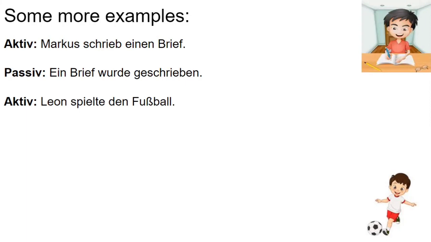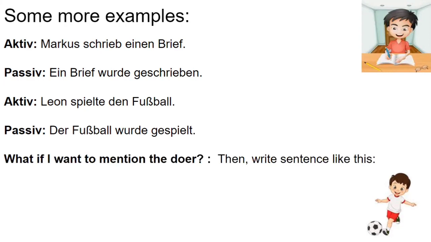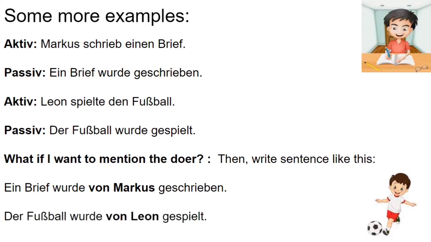Der Fußball wurde gespielt. So, what if I want to mention the doer? Again, we can write, ein Brief wurde von Markus geschrieben. Der Fußball wurde von Leon gespielt. So we need to put just name of the doer.